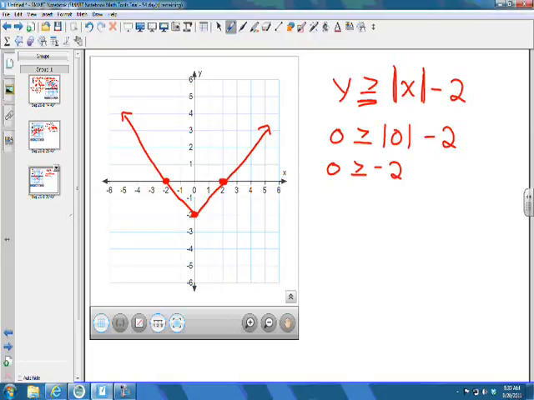Is that true? Is 0 greater than negative 2? Yes. True statement. So again, we plugged in this point that resulted in a true. So where would we shade, inside or out? Inside.